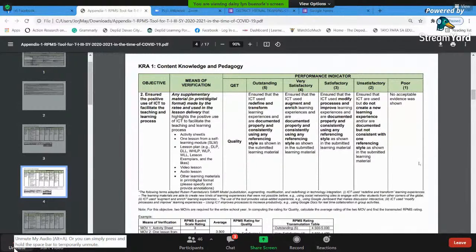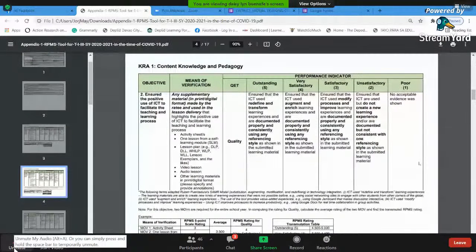Na redefine nato kung ang learning materials are able to create new kinds of learning experiences that were not possible before. So, lisod kaayo karon ang ato ang objective number 2.